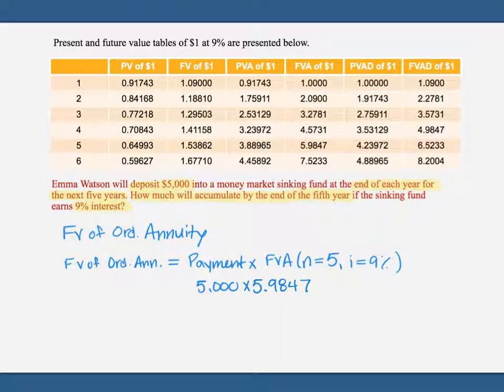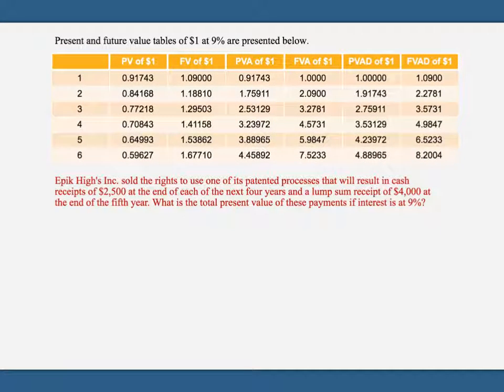And if you multiply those together, we'll get our total that will be in the money market sinking fund at the end of the 5th year. It's going to be $29,923.50.